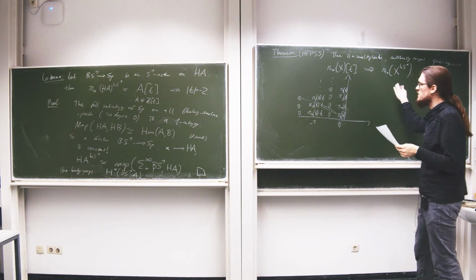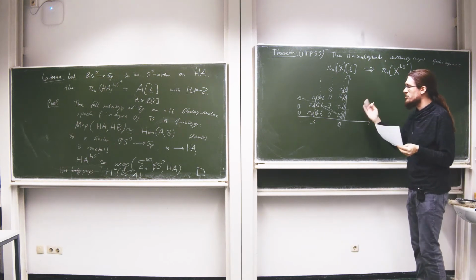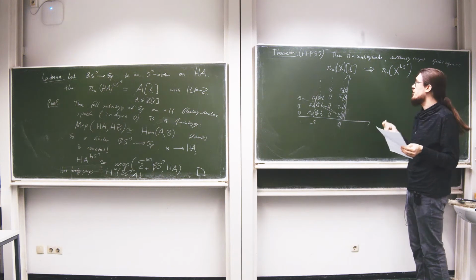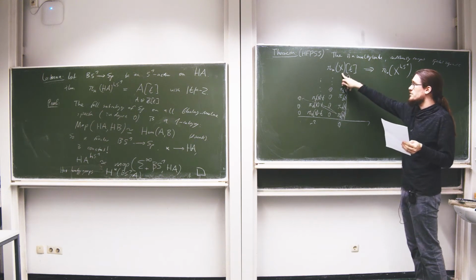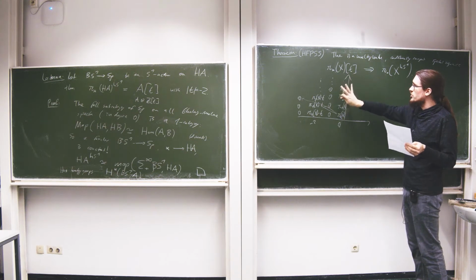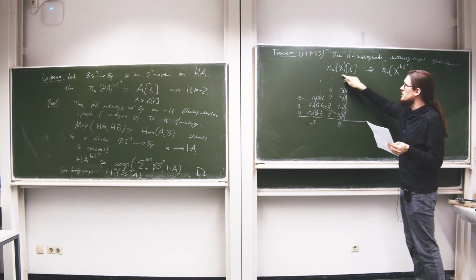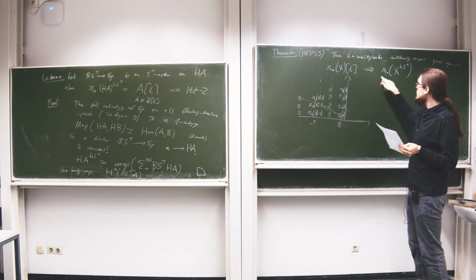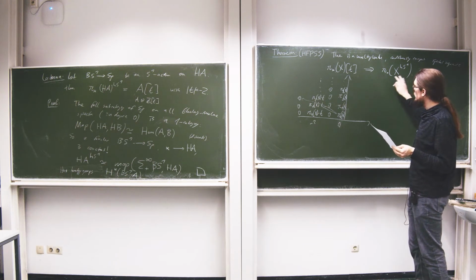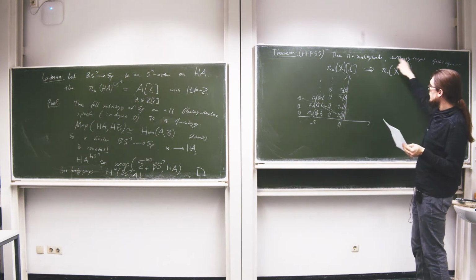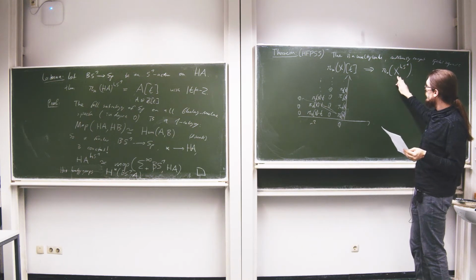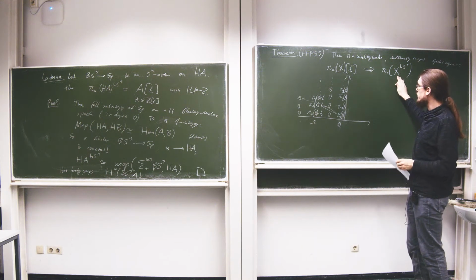And this being multiplicative simply means that there is a ring structure whenever the X was a ring. And in that case, the ring structure on the E2 page will be the obvious one. The ring structure on the E infinity page will be compatible with the ring structure we have on here, right?